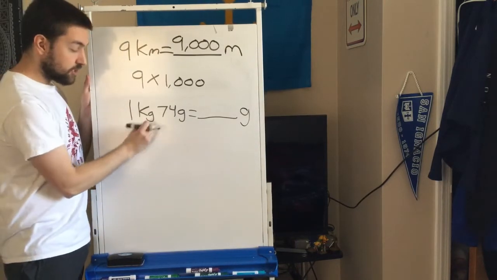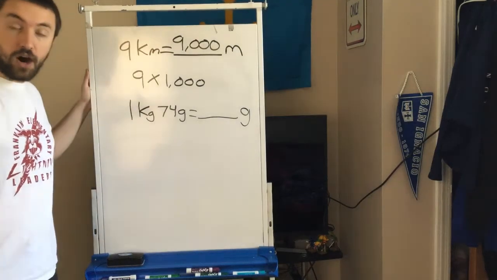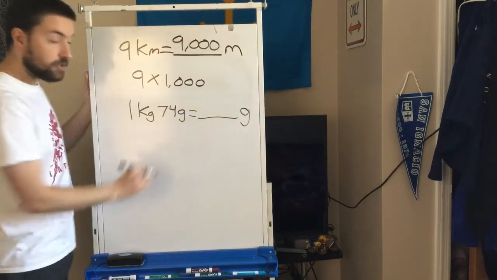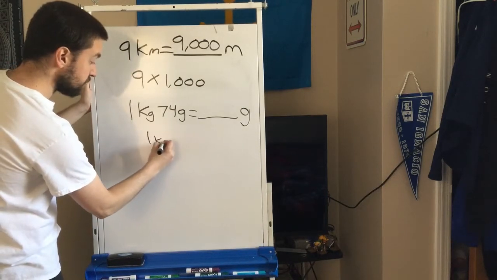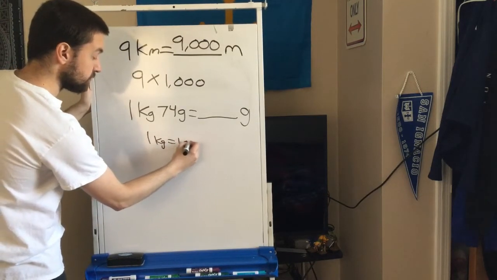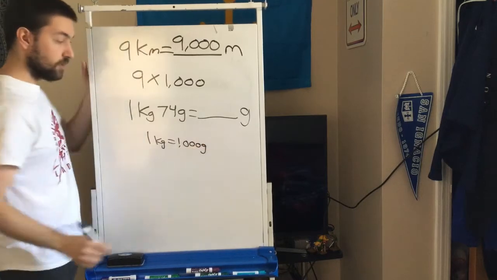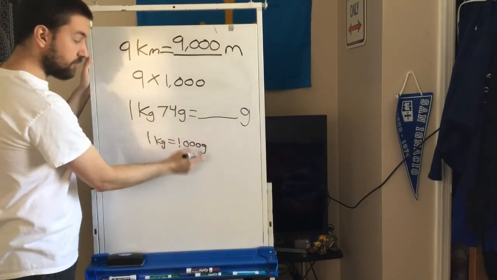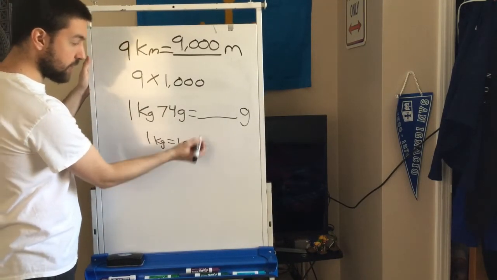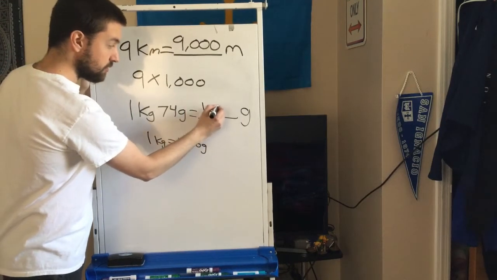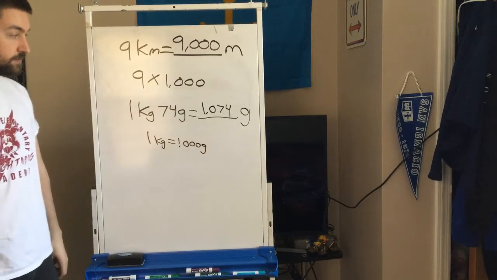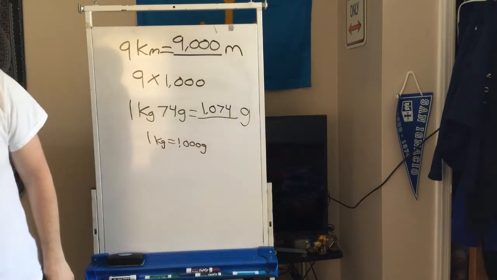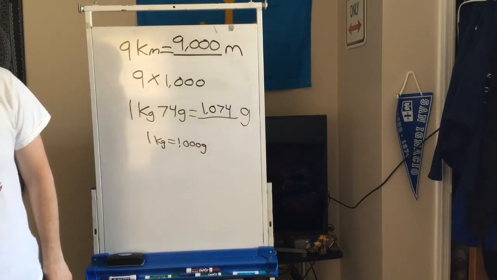But I can turn these kilograms into grams using our conversion. 1 kilogram equals 1,000 grams. So now I just have to add these 74 grams into here, because now we have the same unit. And there's my answer.